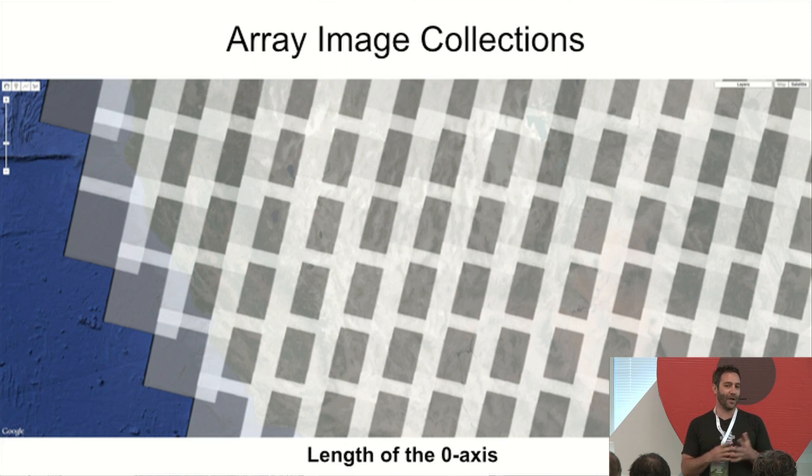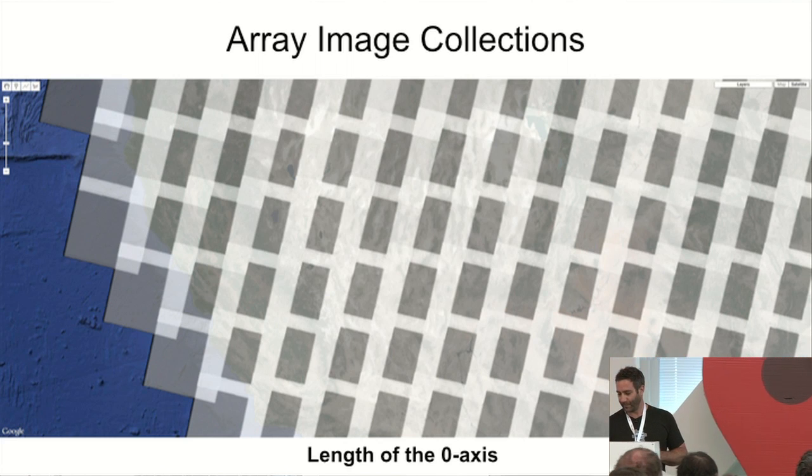And the answer is no. There are a variety of reasons, but one of them is that scale is this very fluid thing in Earth Engine, and so the shape and the size of that array could change just based on your zoom level. So that's one reason why you wouldn't want to do that.